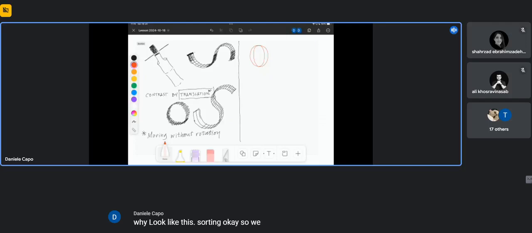So we have a vertical axis, let's call this Bodoni style.